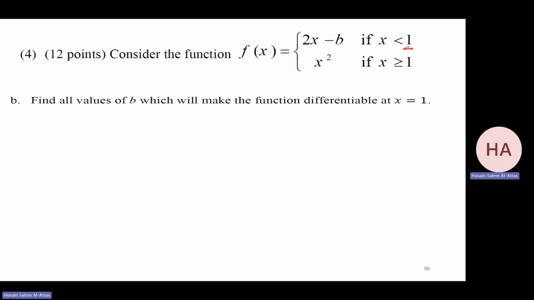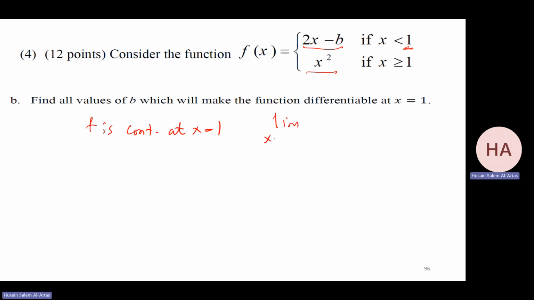At x equals 1, it should be continuous. f is continuous at x equals 1. Check. That means 2 minus b is equal to 1. Limit from left equals limit from right. That means b should be equal to, yeah, it's correct.